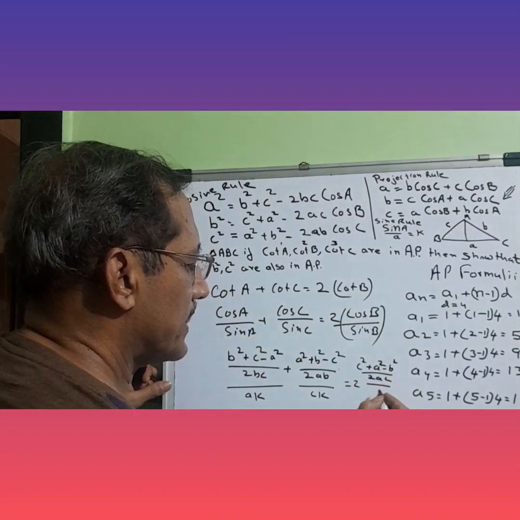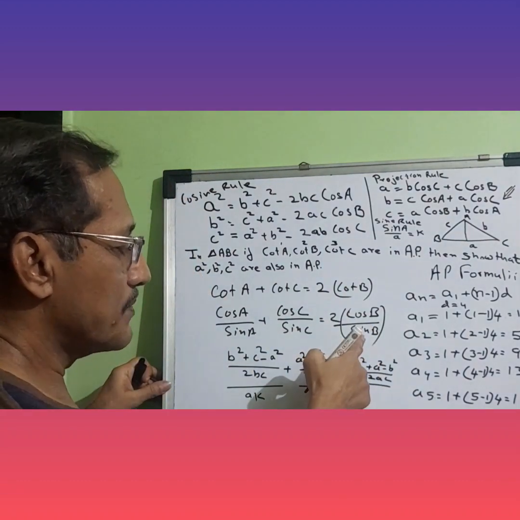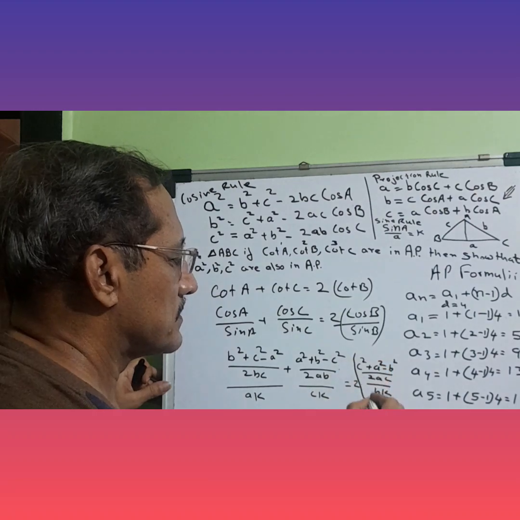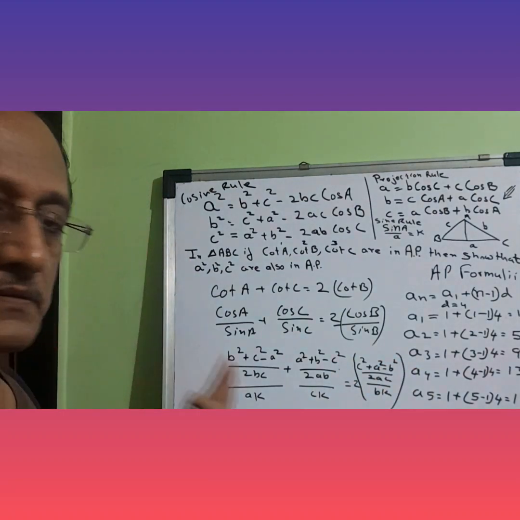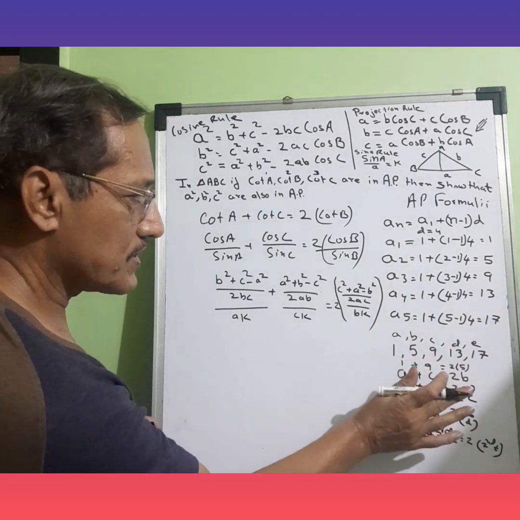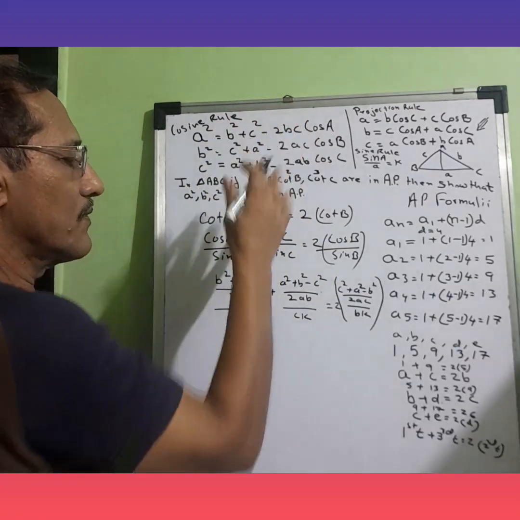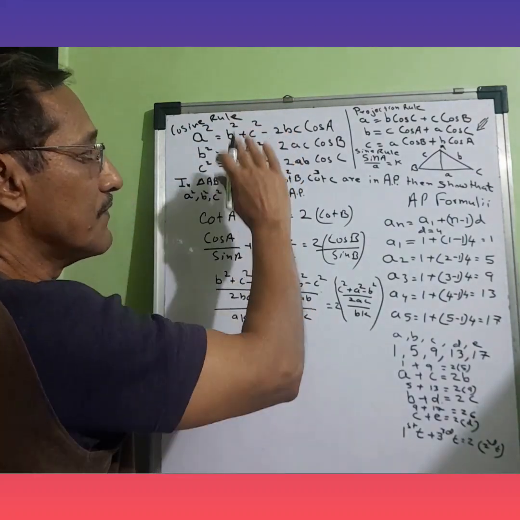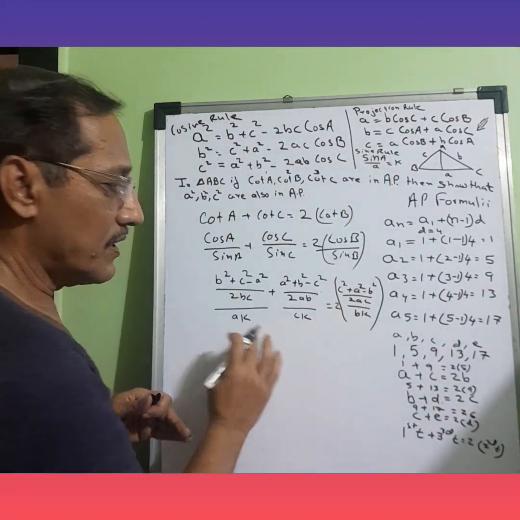And this is divided by, now here what we have is sine B, so it would be bk. Alright, so we use this first, then we used this, and then we used this. We used the cosine rule, then we also used the sine rule for the denominator.